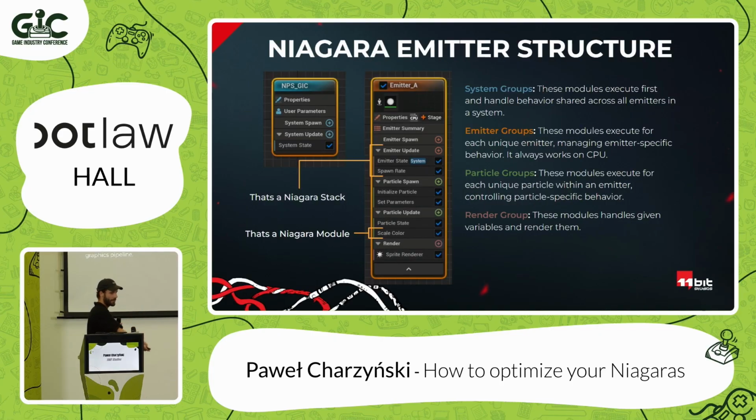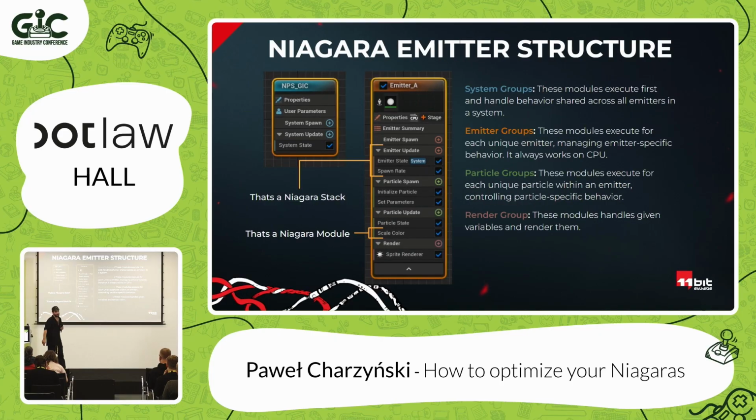So let's talk about the Niagara emitter by itself. As you can see, the colors are not great, but whatever. We have a system group. This thing that's blue, and these modules execute first and handle behaviors and variables across the whole system.